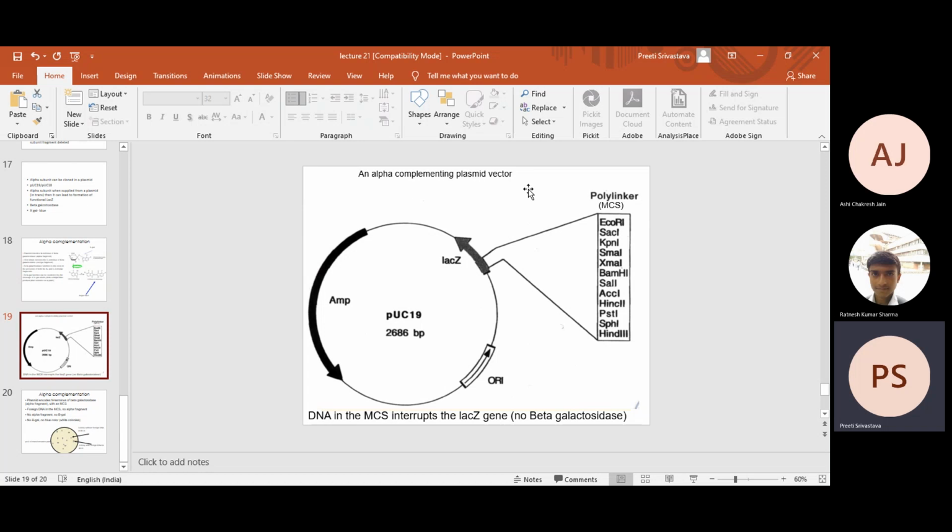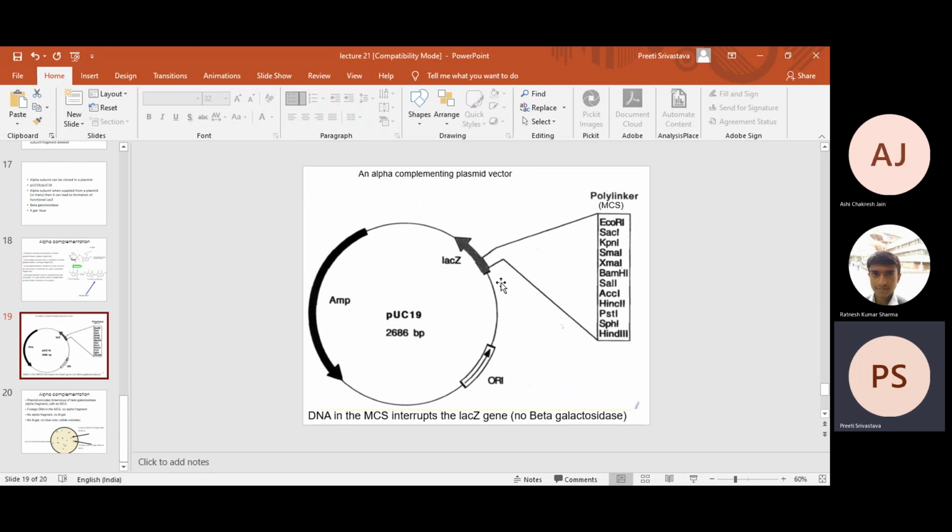In this case you have the ampicillin resistance gene cassette, you have the origin of replication, and you have LAGZ, but it is only the alpha subunit of LAGZ. This alpha subunit has a multiple cloning site for gene cloning.